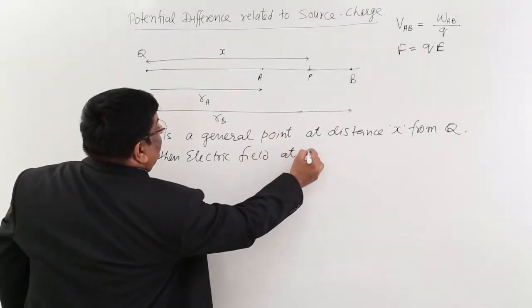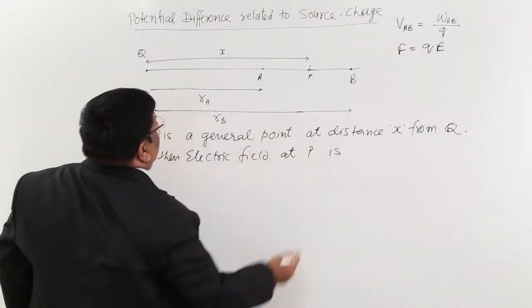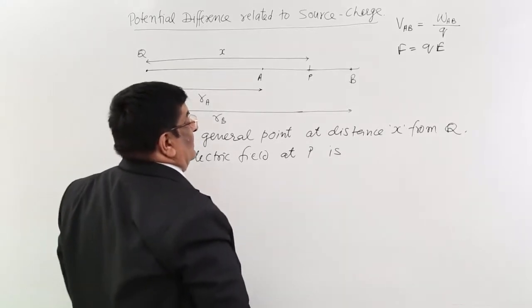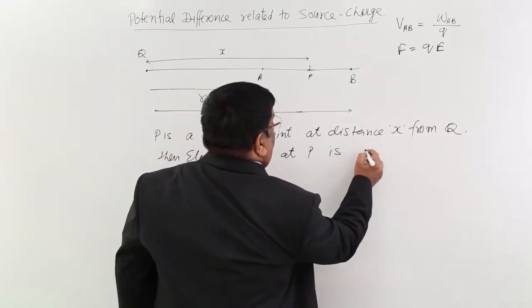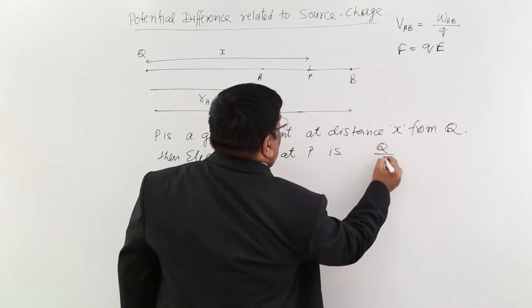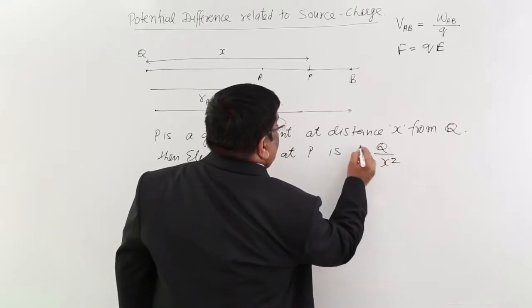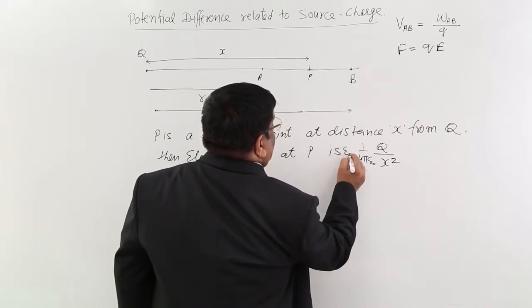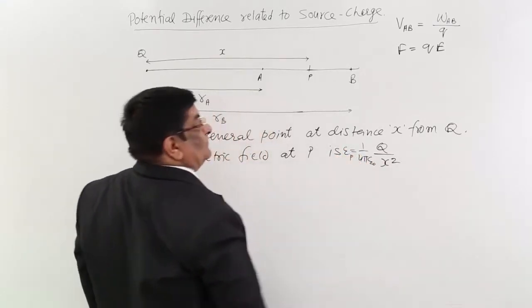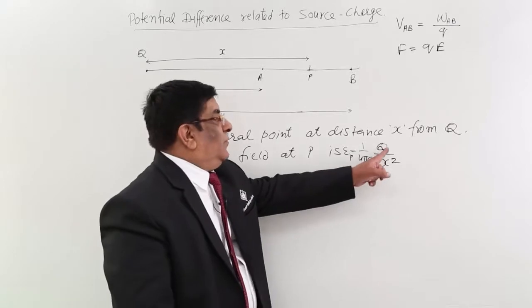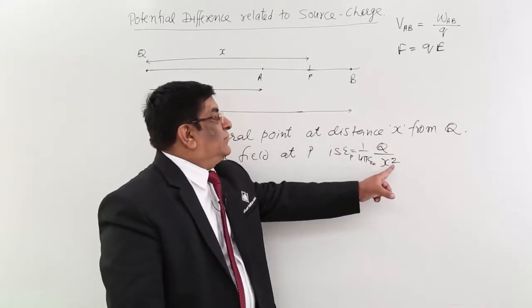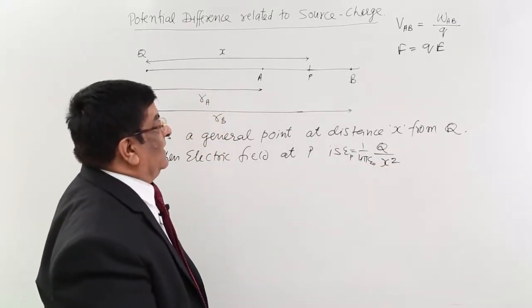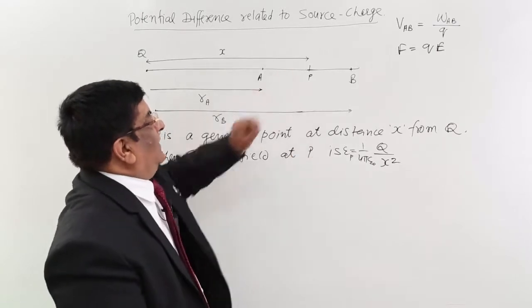Electric field at P is 1 upon 4 pi epsilon naught, Q upon x square. This is the electric field at P. You know the formula: 1 upon 4 pi epsilon naught, charge upon square of the distance. Okay, this is the electric field.